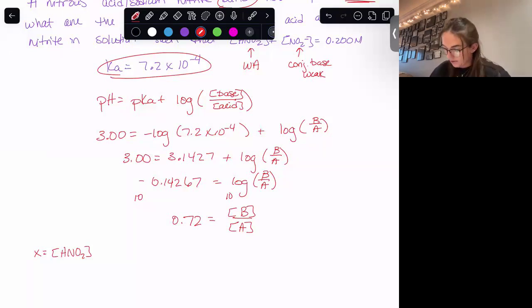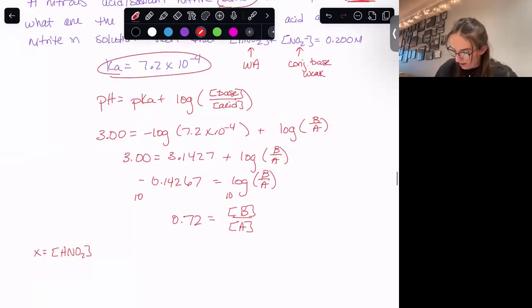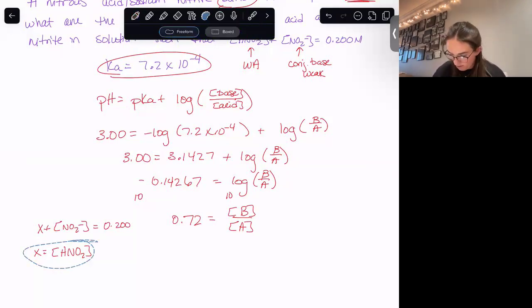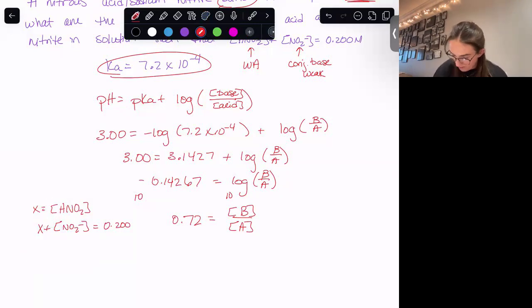We know that X plus the concentration of NO2 minus is equal to 0.200. So we can say that the concentration of NO2 minus is equal to 0.200 minus X, right? It's whatever is made up of that 0.2 subtracted from the acid.